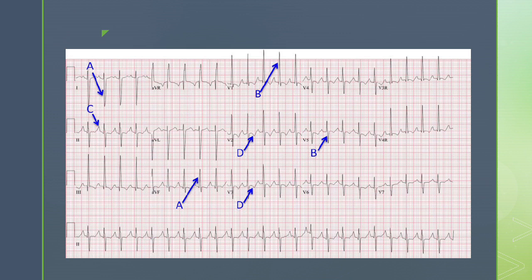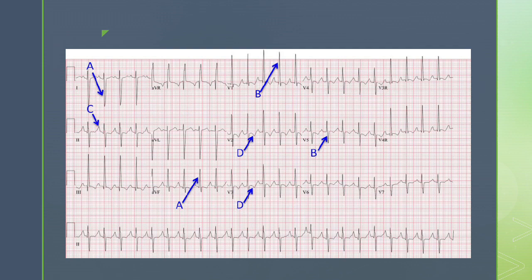So you have deep RS complexes in lead 1 here. Right ventricular hypertrophy, you look at tall R waves, right atrial enlargement, you can see strain on the right atrium, so P pulmonale, and right ventricular strain pattern here with the ST segment.